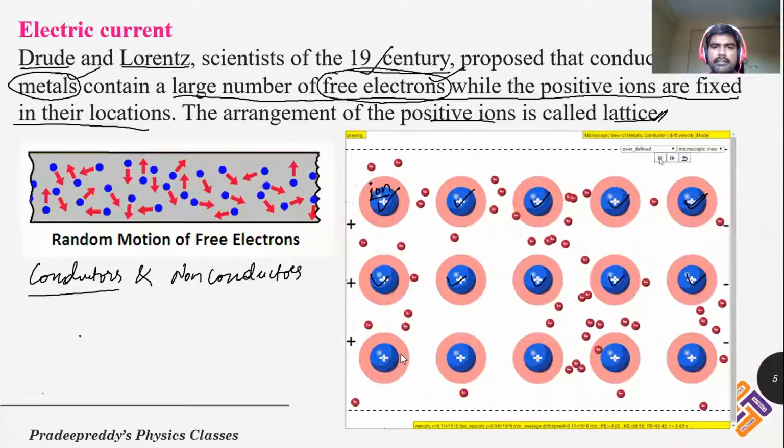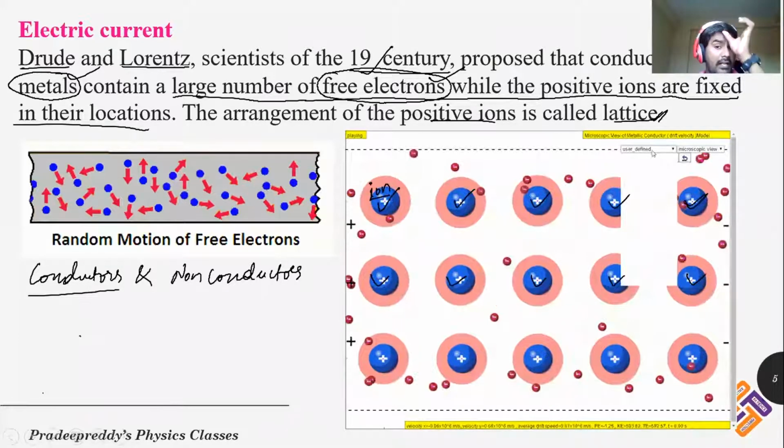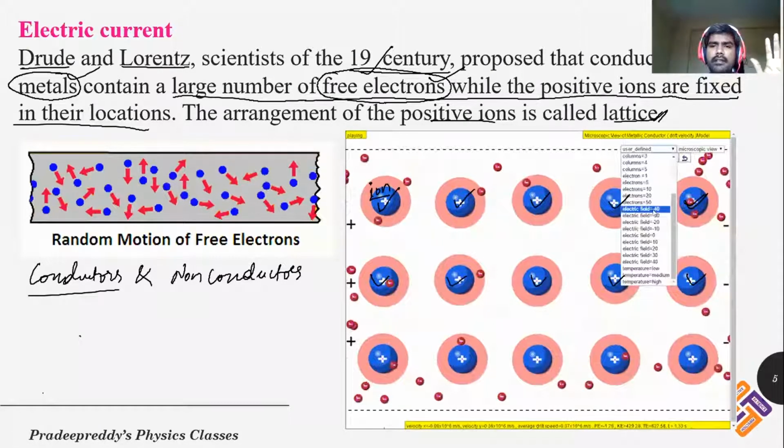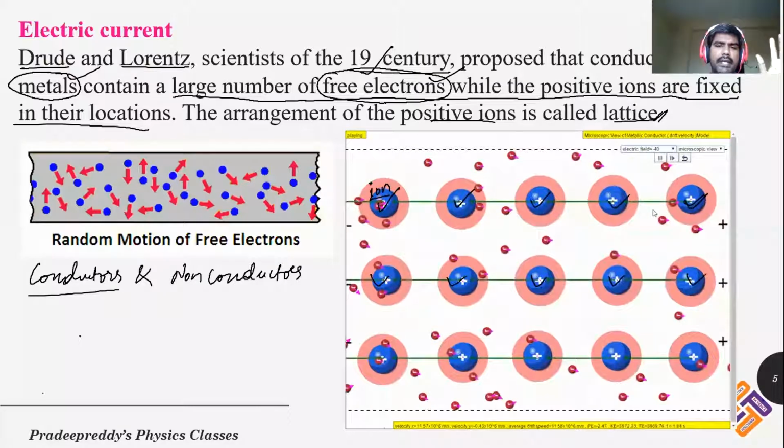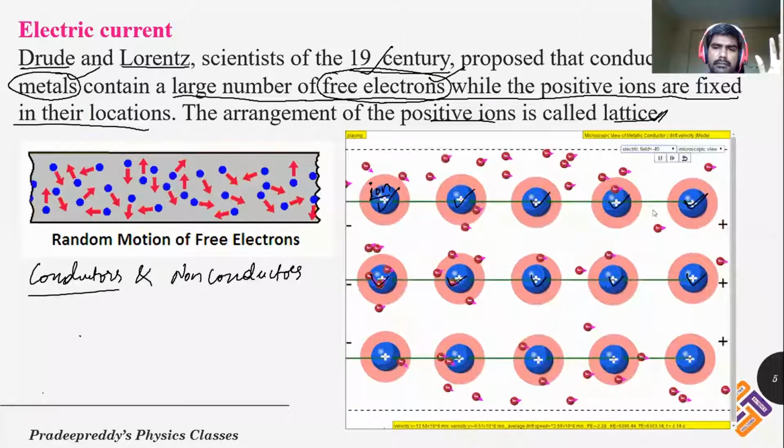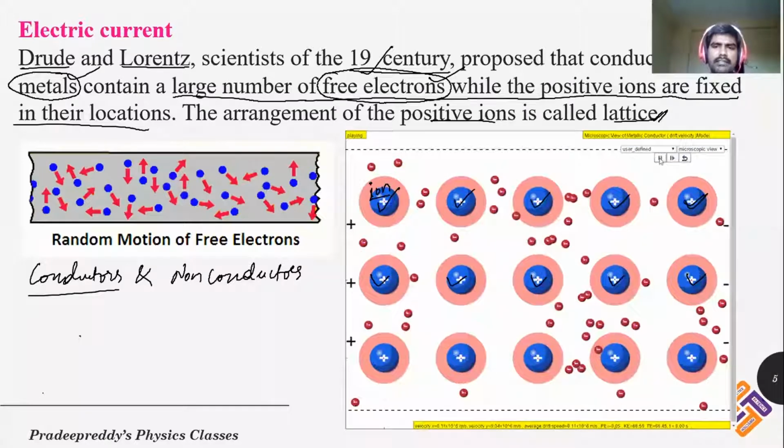Whereas in the case of non-conductors, there are no free electrons. If there are no free electrons, then electrical energy cannot be transferred, because ions will be in their own position and electrons will be in their own position. They are not free to move. As you can see in the animation, the electrical charges are moving randomly in different directions.